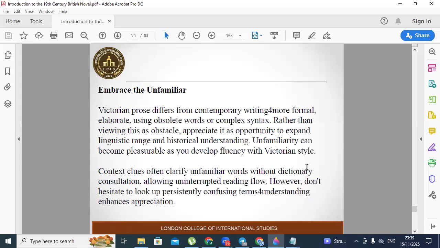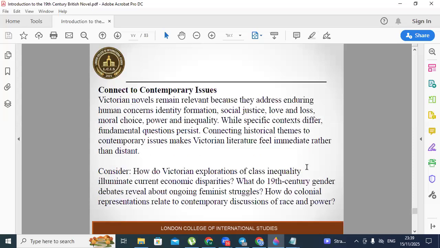Understanding enhances appreciation. Connect to contemporary issues. Victorian novels remain relevant because they address enduring human concerns: identity formation, social justice, love and loss, moral choice, power, and inequality. While specific contexts differ, fundamental questions persist.